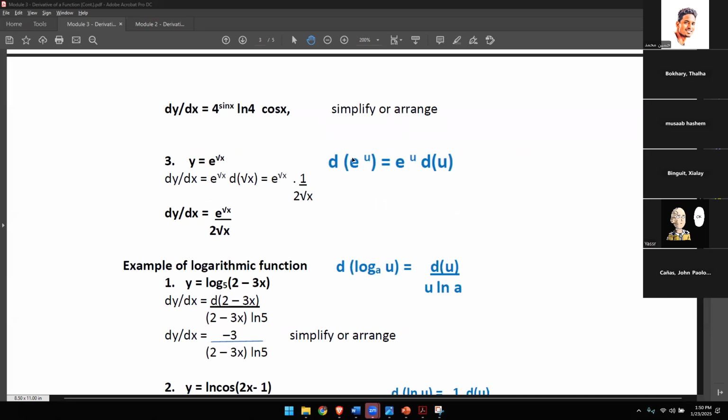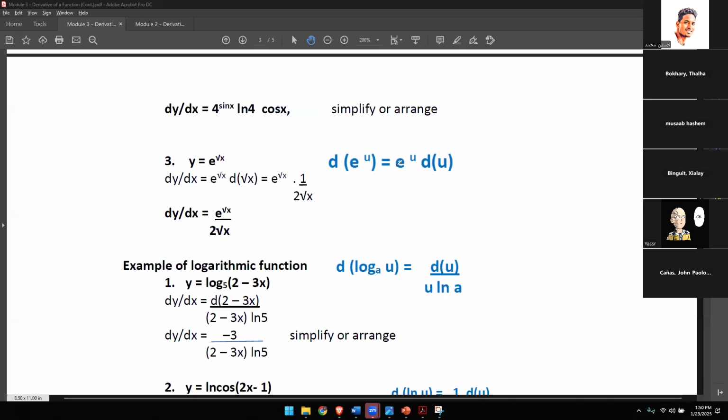So this one would fall under this exponential formula. So it's e raised to u. Okay, so let's see, e is e, u is square root of x. Then we just simply plug in this given formula.